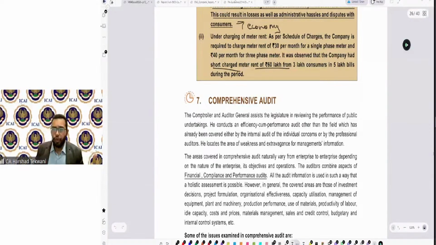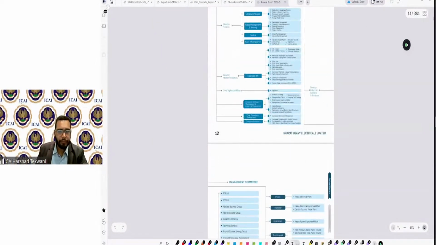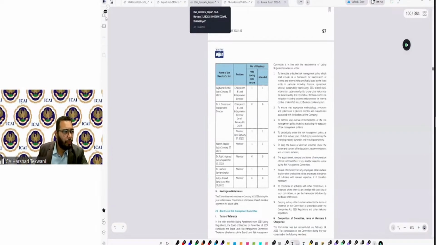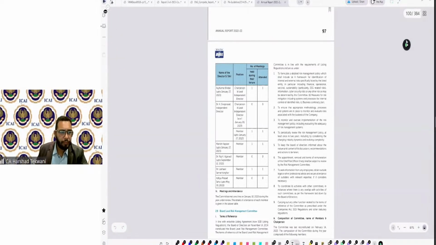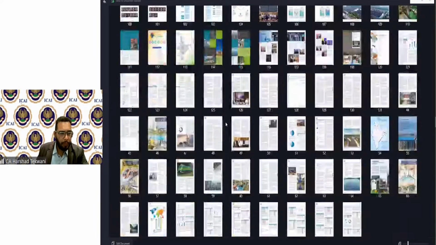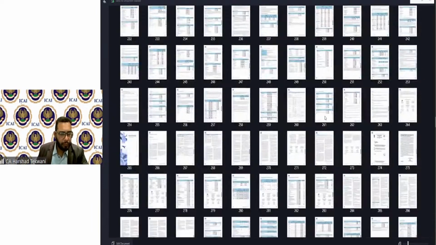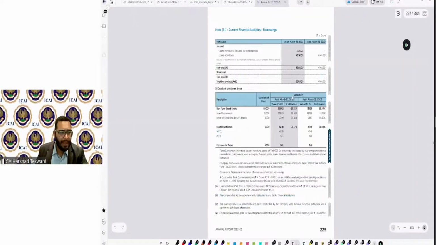So I'll now show you one of the audit reports of a public sector enterprise. We'll try to understand basically the requirement over here.